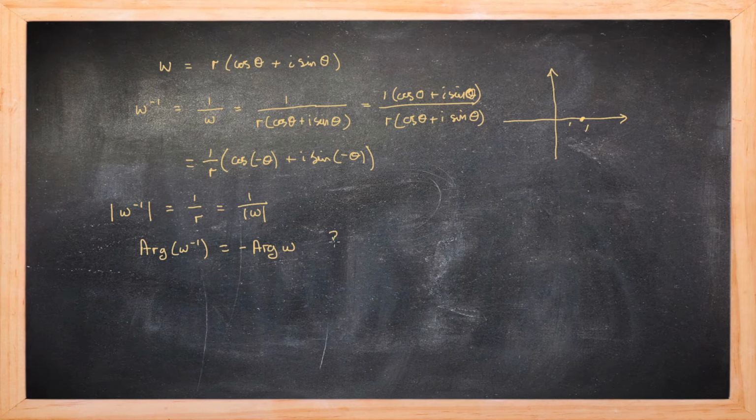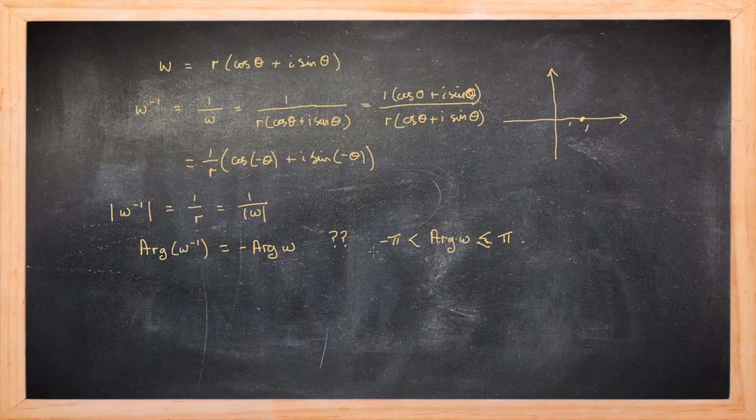However, there's a problem. Because remember that the principal argument of a complex number is in a very specific range. It goes from negative pi, not including negative pi, up to pi.